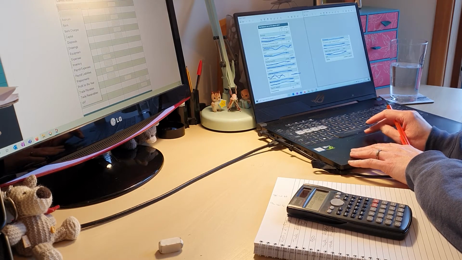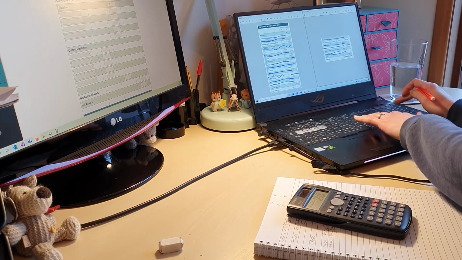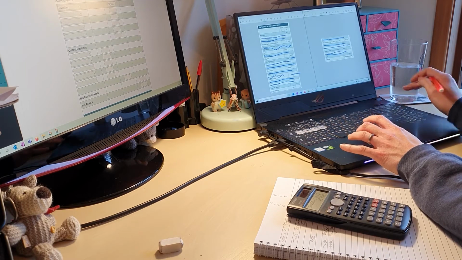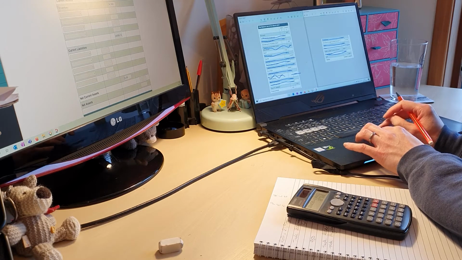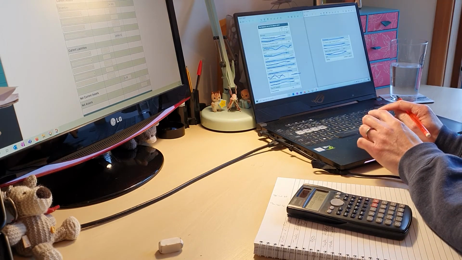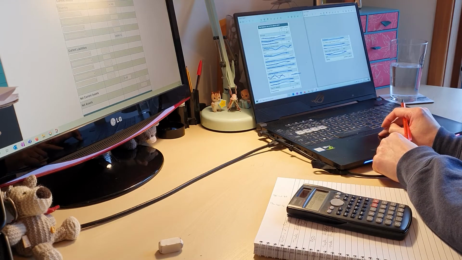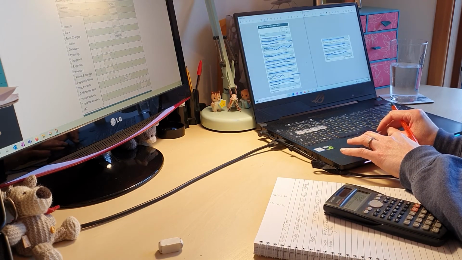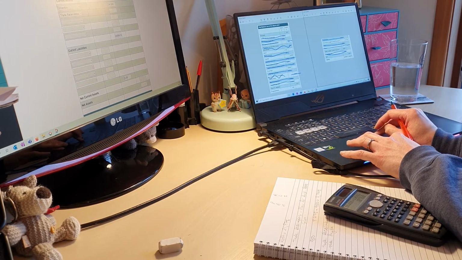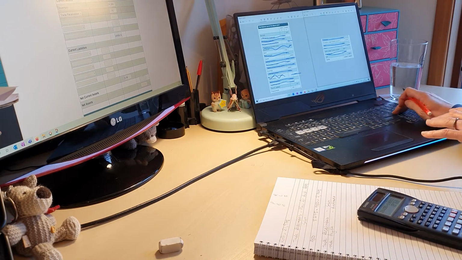Okay, so our current assets, we've got inventory. Closing inventory is 34956. We're gonna have trade receivables. We are gonna have 7745.